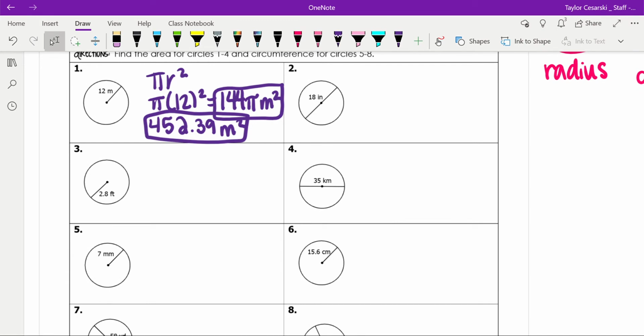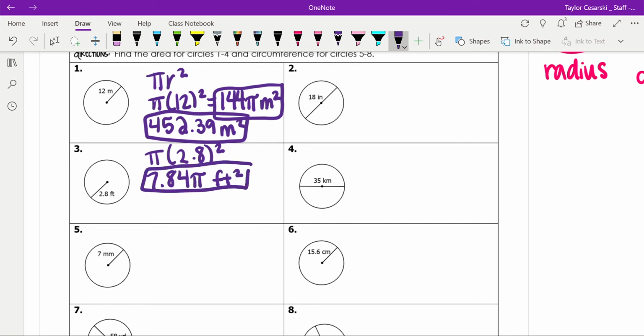So this one also gives you a radius. So pi 2.8 squared. So I'm going to show you the first way is just to square that 2.8, and I get 7.84 pi feet squared. And again, just leaving that pi in your final answer.